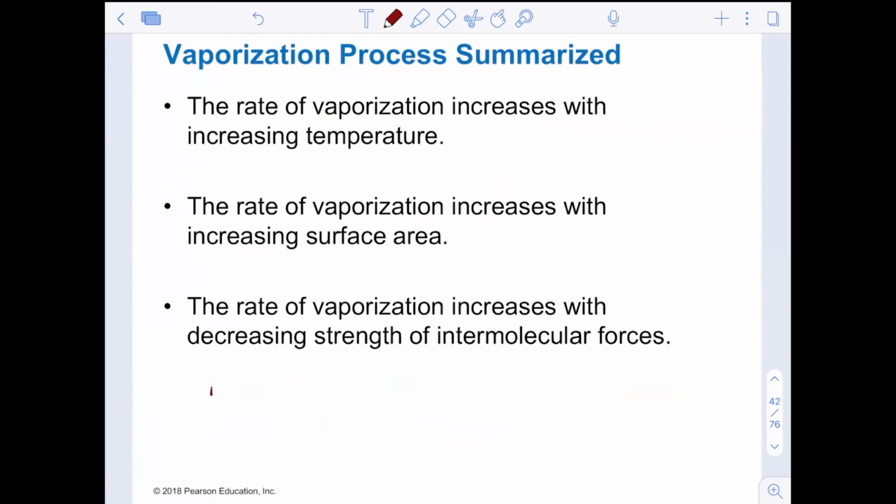So the higher the intermolecular force, let's just draw right out the correlation, that goes with a lower rate of vaporization. It's harder to evaporate a liquid molecule when there is a lot of intermolecular forces. We knew that, but now we're looking at it on a more particulate level.